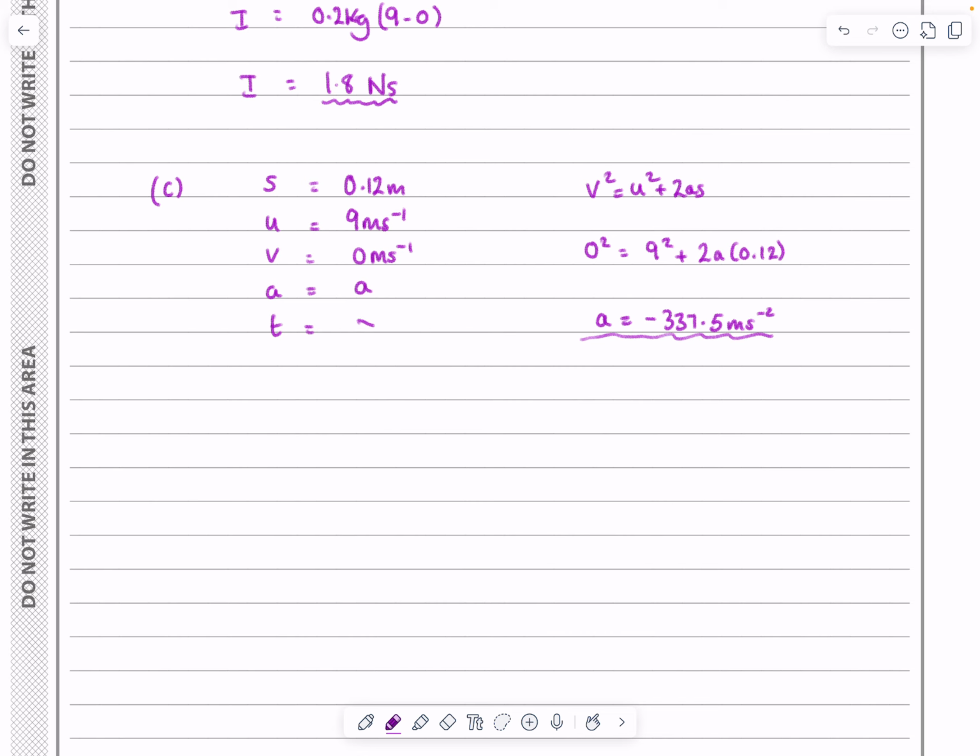Then I'm trying to work out what the forces are, so let's draw a quick diagram of what we've got going on. There is a resistive force R acting upwards, and obviously we've got mg acting down here. Now mg we can change to 2g, and we know we're trying to work out the acceleration, which is going to be negative.